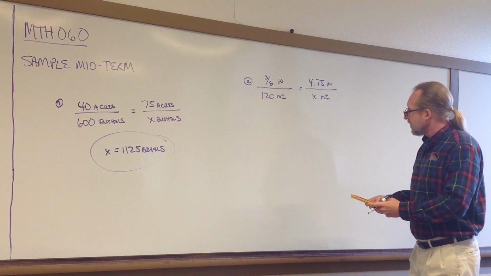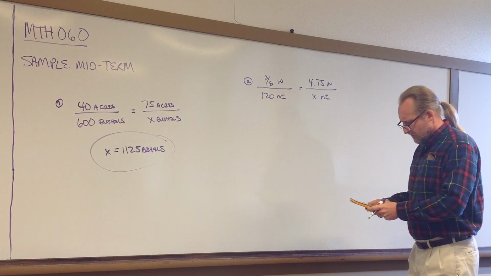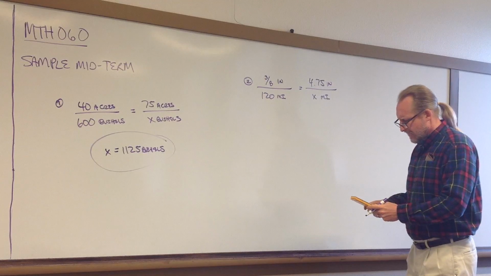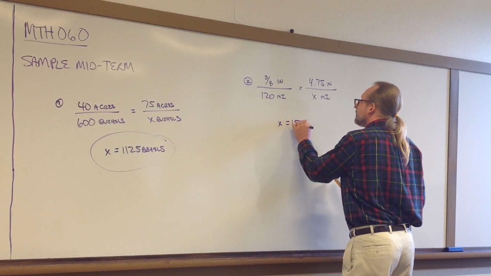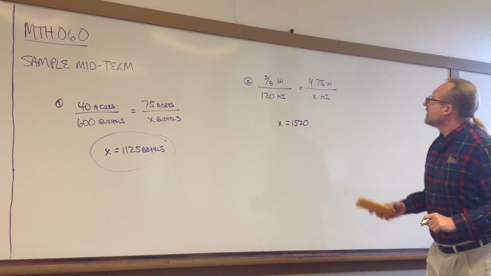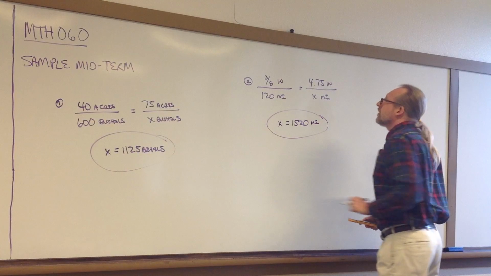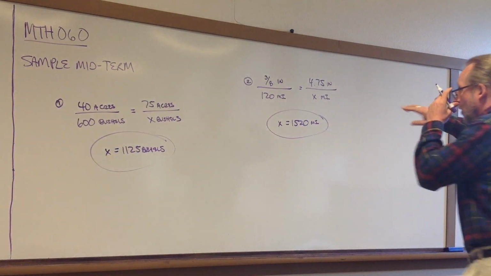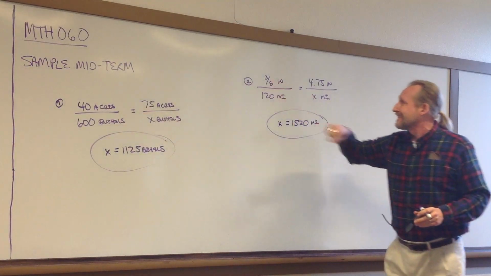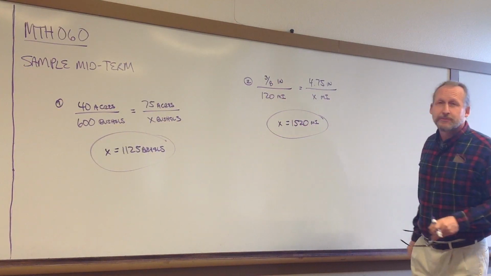So 120 times 4.75, and then we divide by 3/8, and so x should be 1,520 miles. And that seems reasonable. This is almost 5 inches. This is less than half an inch, and so this is going to be more than 10 times bigger.